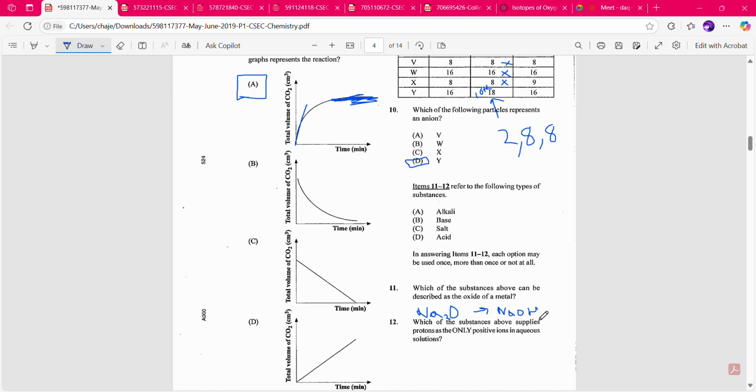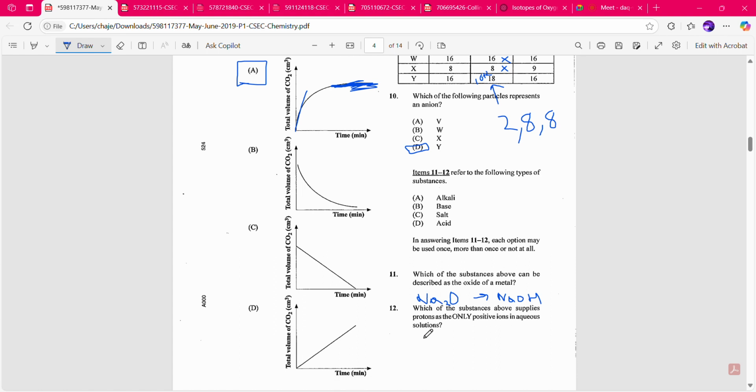And in actuality, if you were to dissolve sodium oxide in water, it would in fact form sodium hydroxide. So if you're ever confused or not sure, just think of elements that you know to be sure and make your observations. As I'm saying, metal oxides are bases. So the correct answer is B.